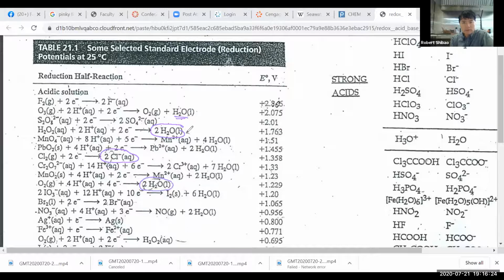And so I have two waters. Which of these two do I pick? Well, if I have two waters there, I have to pick the stronger. And so which one of these is stronger? Well, the stronger one's the one that's closer to lithium. Lithium is the strongest reducer.